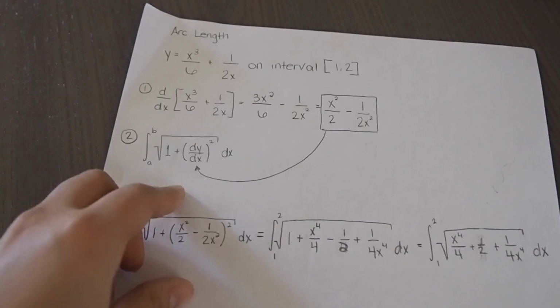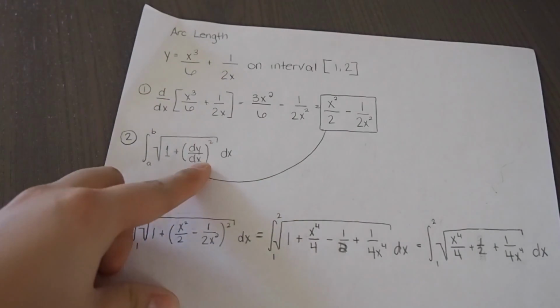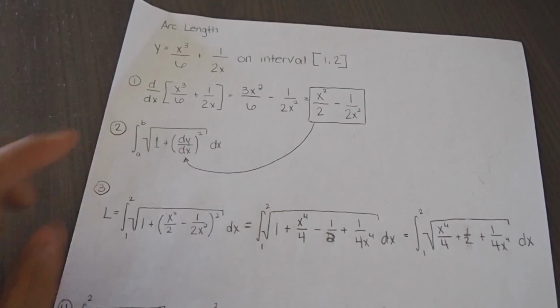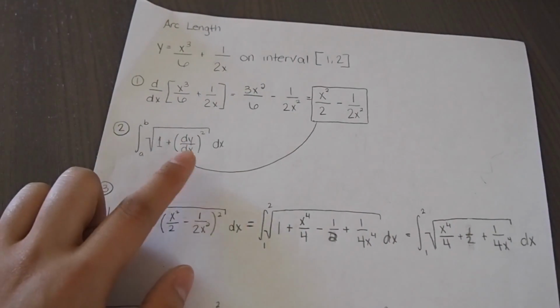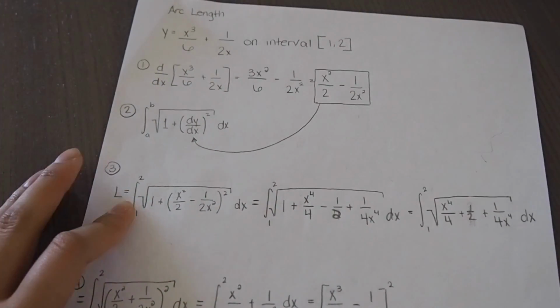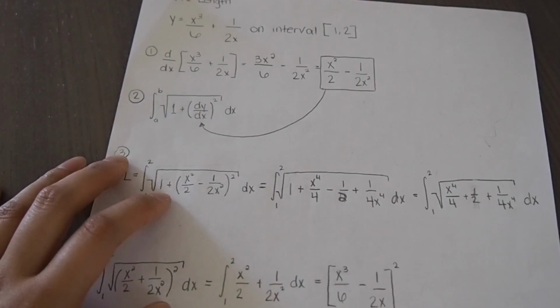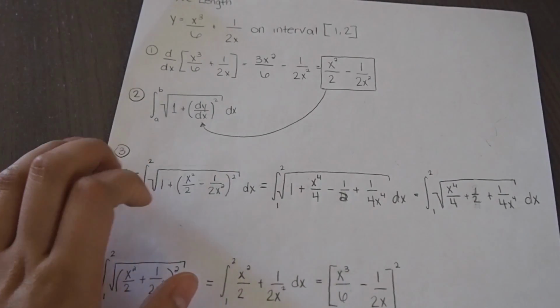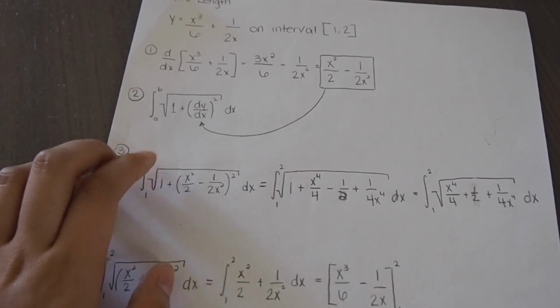When we put it into the arc length formula, it'll be a little easier to calculate how to square it. Plugging in the derivative we just found, we get L equals the definite integral of the square root of 1 plus the derivative of f of x squared dx from 1 to 2.